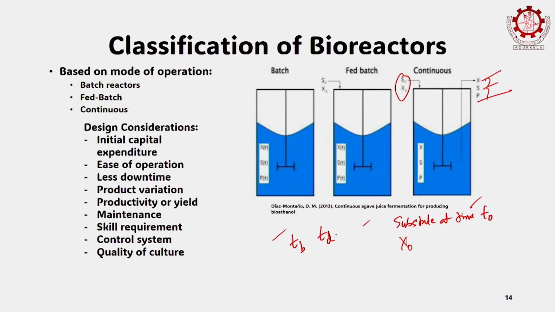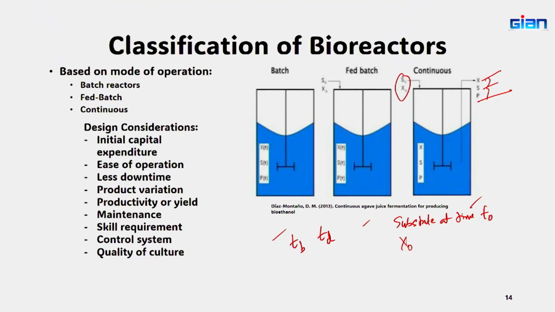downtime. So using these parameters, you will be able to understand the efficiency of your process that you are working with, or even the productivity. You can define productivity not just on the terms of how much cell mass you can produce or how much product you can produce. You are also going to look at the total.